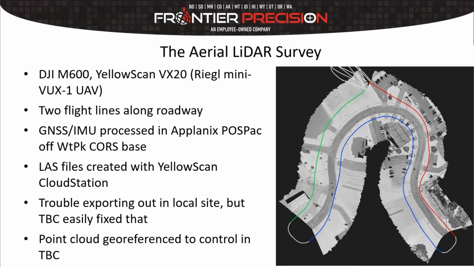And then all we had to do was simply go to our project settings and change the coordinate system to our local site, and TBC reprojected and adjusted our point cloud. We brought our control file in, it fell right in where it should, and then we geo-referenced the point cloud to our control in TBC. So TBC certainly saved the day for us there.